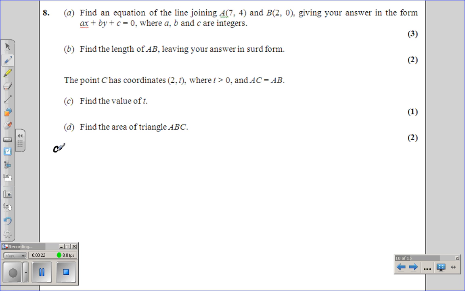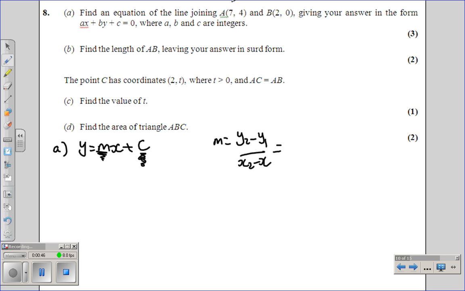I always write myself y equals mx plus c. That reminds us what I've got to find. We've got to find m, which is the gradient, and then c, which is the y-intercept, but we'll find c after we've got m. M is equal to y2 minus y1 over x2 minus x1.